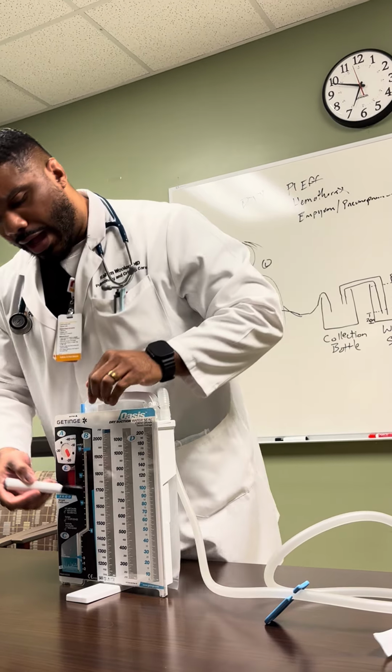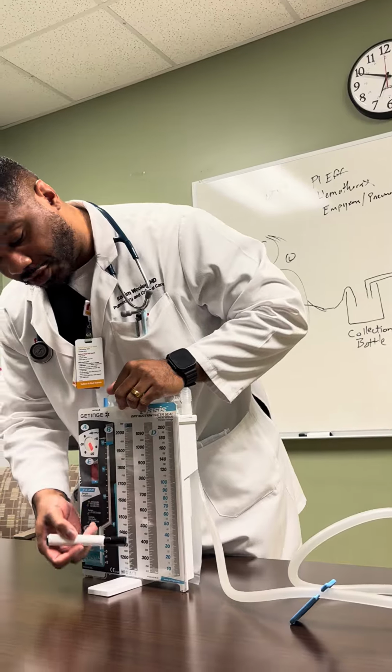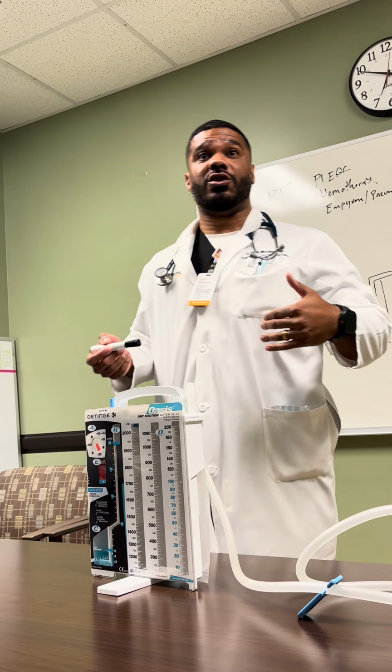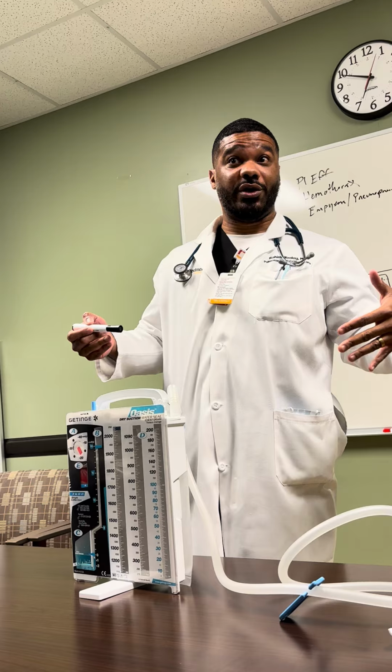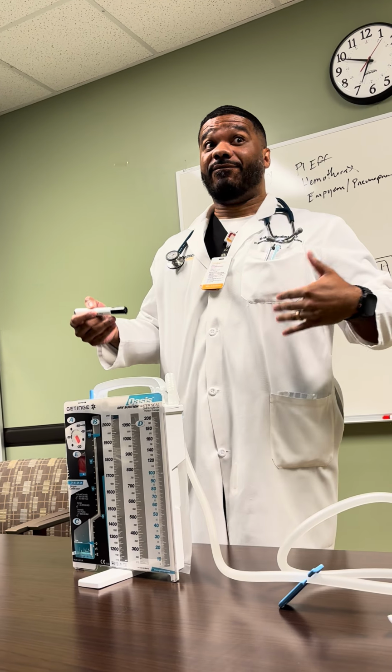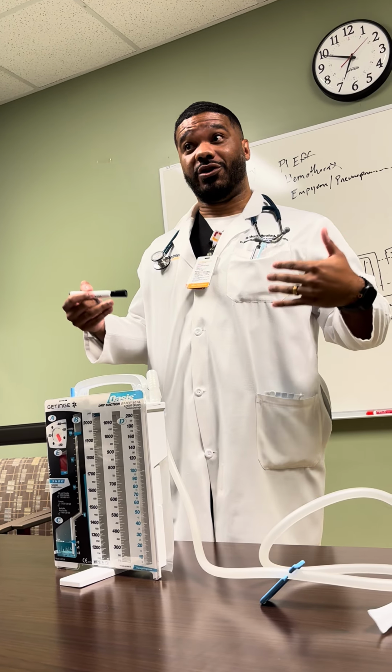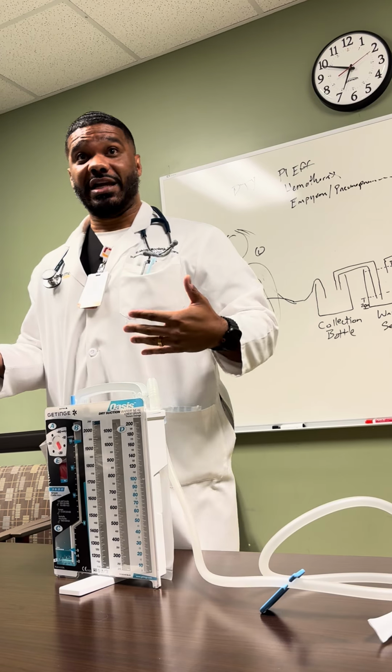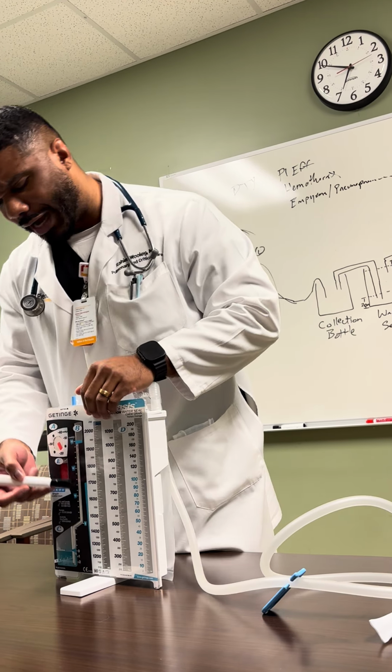Take note of how much fluid is drained, because if we start draining a lot of fluid during a shift, if we're draining like 400, 600, 800 during a shift, that's probably an issue. Bring that to the attention of the provider.